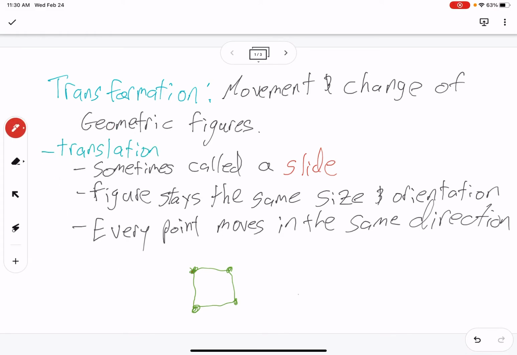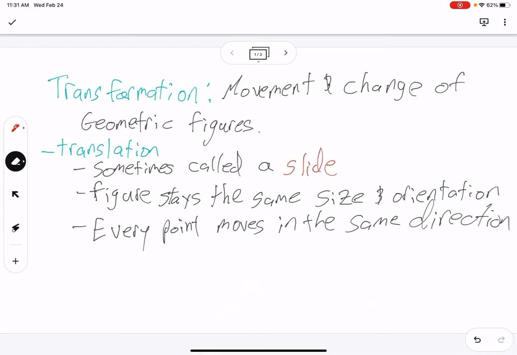So this would go 1, 2, 3, 4 is where that one would be. This one would be 1, 2, 3, 4. 1, 2, 3, 4, and 1, 2, 3, 4. Now we have the box over here on the right, okay? Because every point moved to the right 4 spaces. So that's what a translation is.